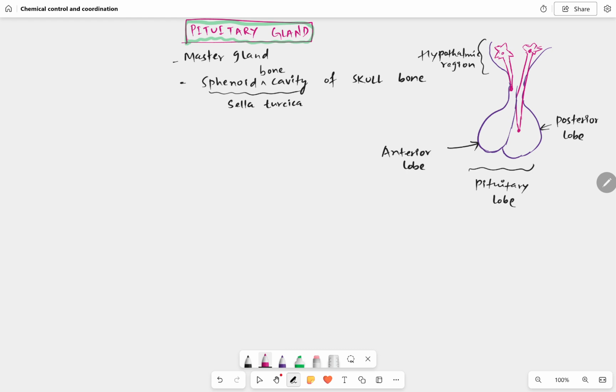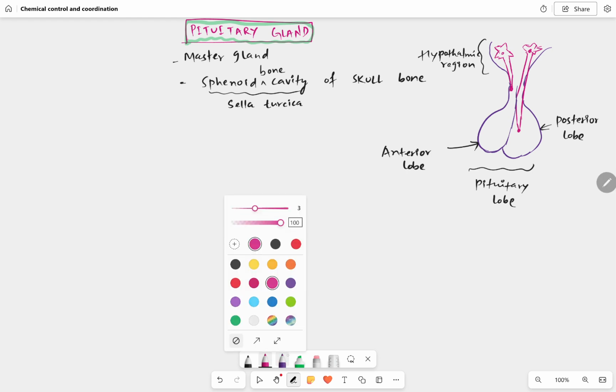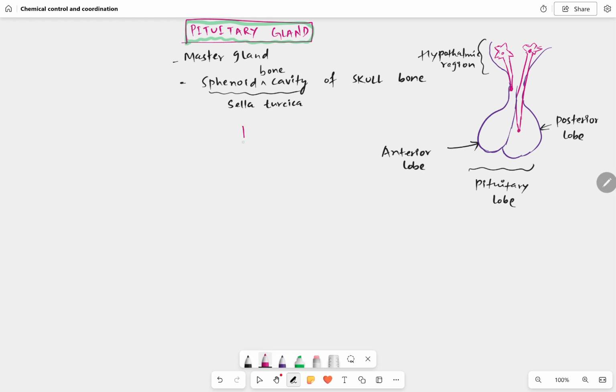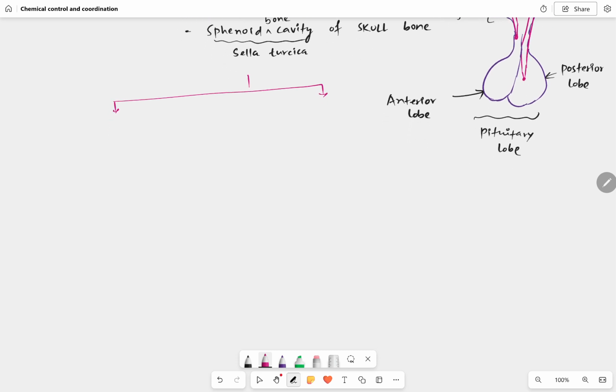Now let's come to the point. The pituitary gland is basically divided into two parts. What are those two? The adenohypophysis and the neurohypophysis.